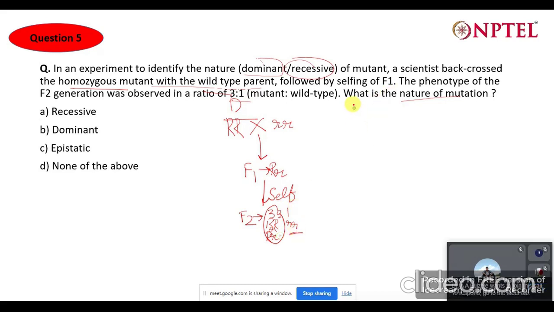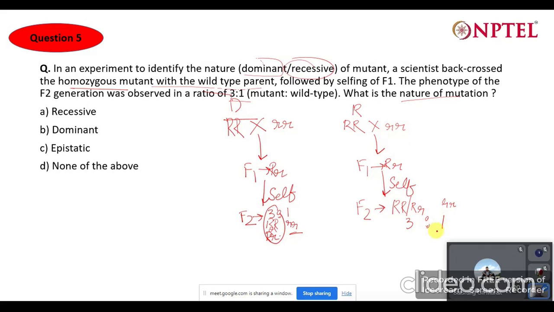But if the mutation is recessive, in this case the wild type will be capital R and the mutant will be small r. When we cross these, the F1 is heterozygous and wild type, and after selfing it, in the F2 we get the same ratio: capital R capital R or capital R small r, that is 3, to the mutant, that is 1.